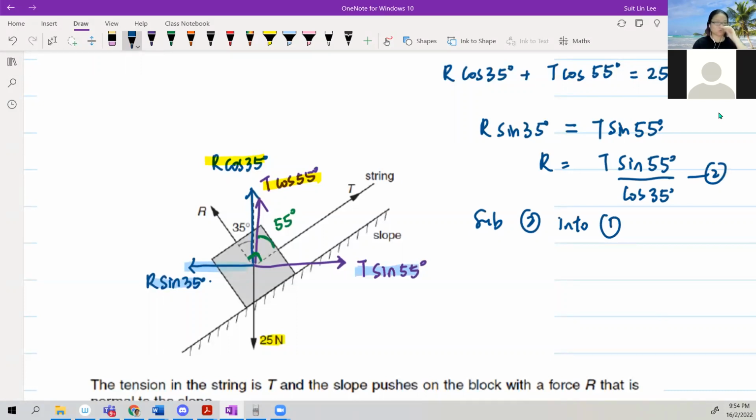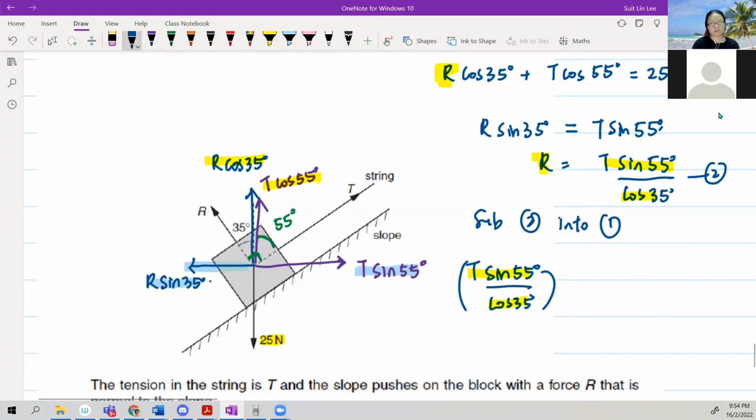Now when I sub 2 into equation 1, this one will be T sine 55 over cos 35. This is my R. I substituted this into here, okay?